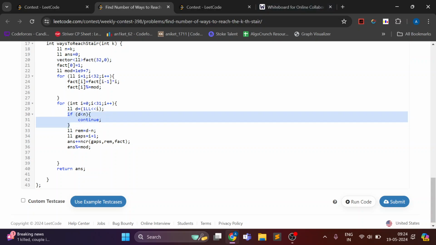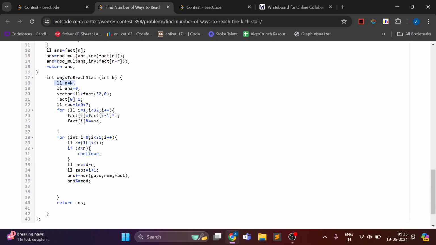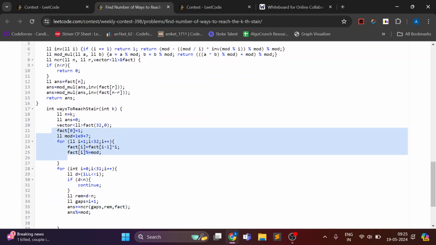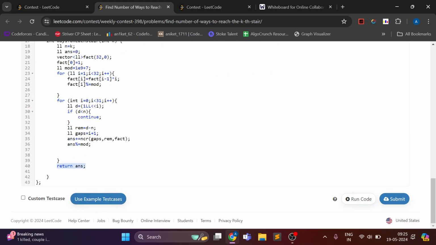And if d is less than n, I cannot achieve that value, and I have replaced k with n because I thought long would be more beneficial to consider. And then I'm calculating remaining elements as d minus n, and gaps would be i plus 1. I have to fill those gaps with these remaining elements, and fact is just the factorial vector, and finally returning the answer.